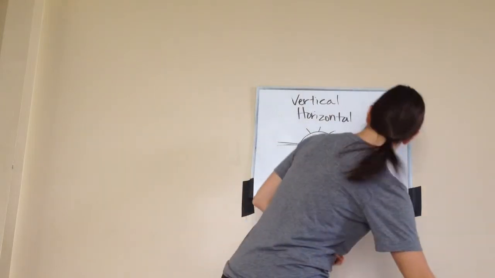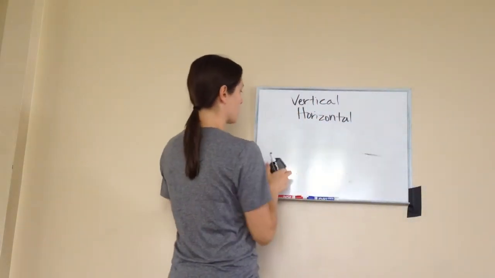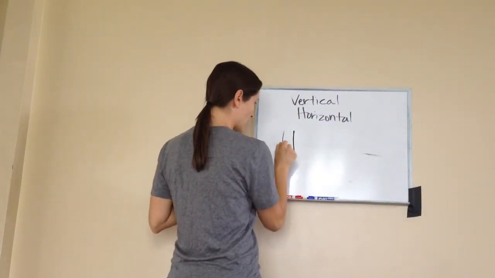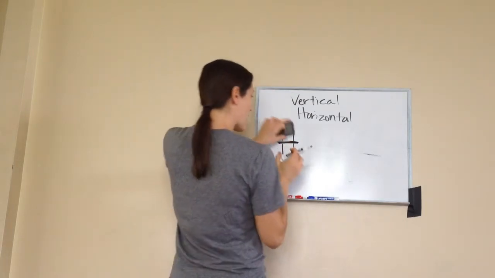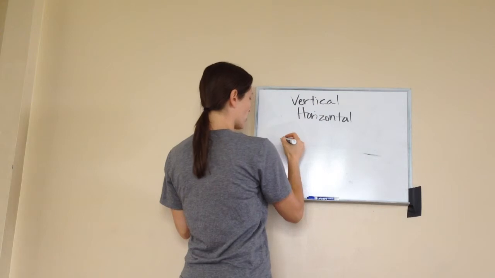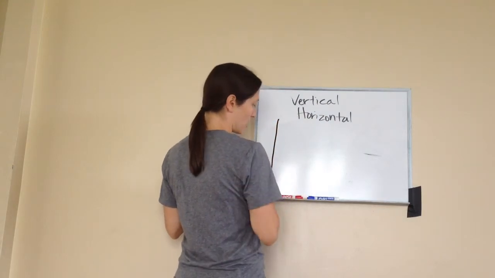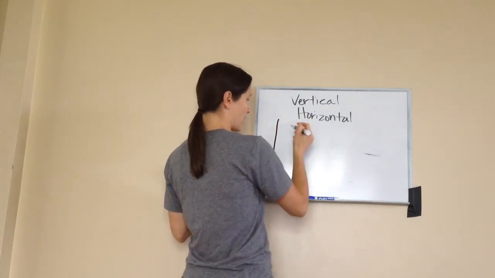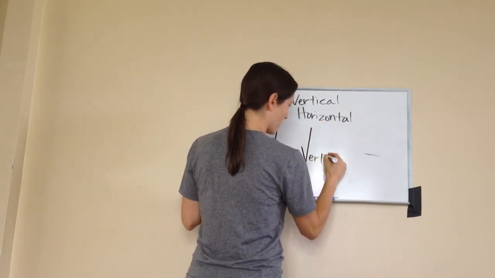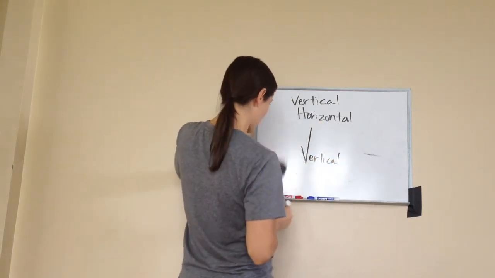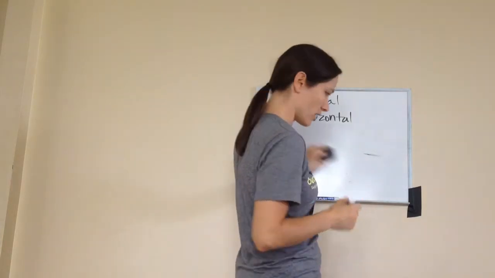Another way I try to remember that is when I have an H, this main line in the middle is horizontal. And a vertical line is one that just goes straight up and down. I try to remember that like this, V for vertical. That always helps me. So vertical and horizontal.